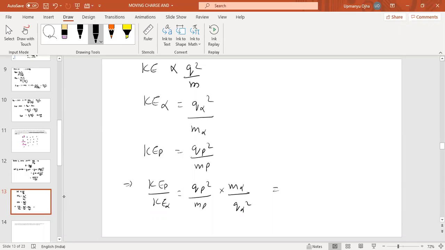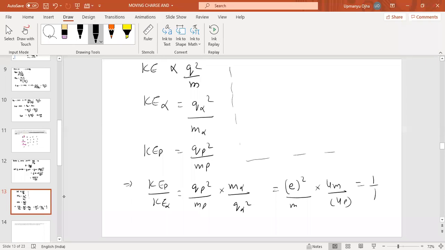We can assume it as E. So E square by mass of the proton, which is m, into the mass of the alpha particle, which is 4 times the mass of the proton, divided by the charge on the alpha particle, which is 4E. Okay, fine. So if you solve, everything will get cancelled out. We'll get the ratio as 1:1, which means what?